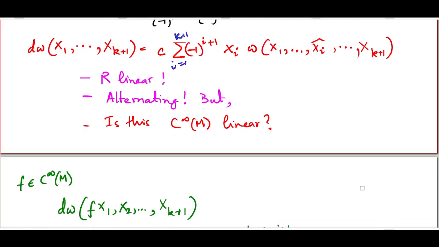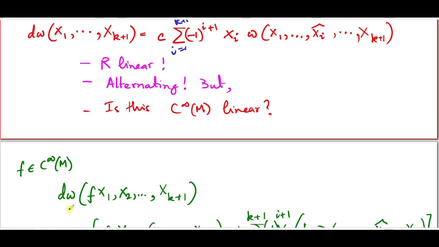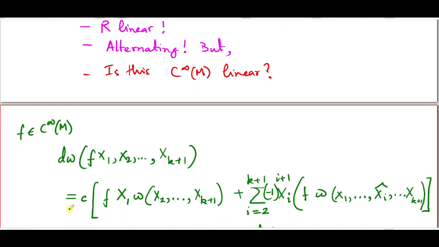So we start with a function f, which is a smooth function, and look at d omega acting on this. Note that we are calling this d omega, but this really is our attempted d omega, not necessarily the actual d omega. Now, here the sum that we had defined d omega to be, at least our attempted d omega, would break into two pieces.